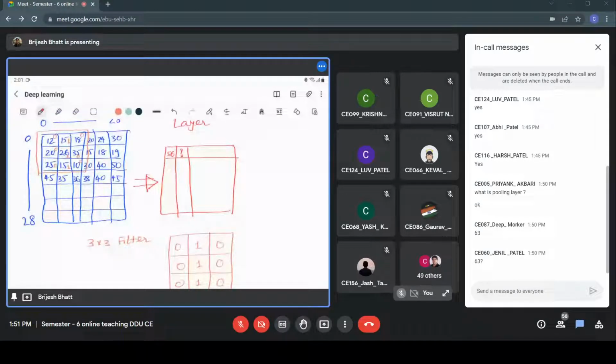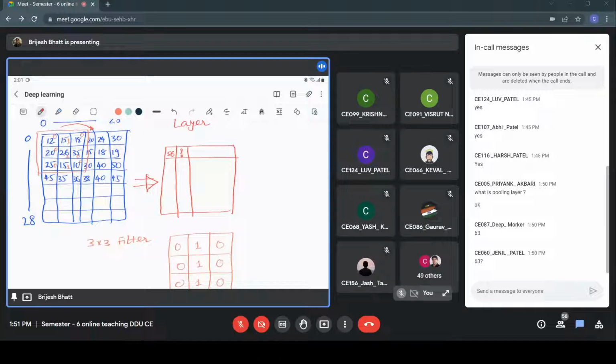Okay, 63. And why 63? So what we do is we now move the filter towards the right. This convolutional filter will move one cell. Is this what you have done, Janil? So if you move it one step, now the visible values which multiply with 1 are 18, 35 and 10.